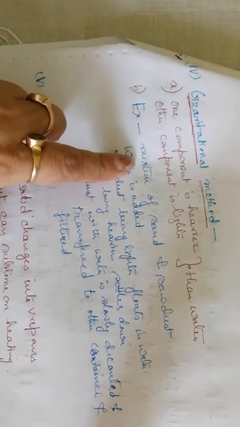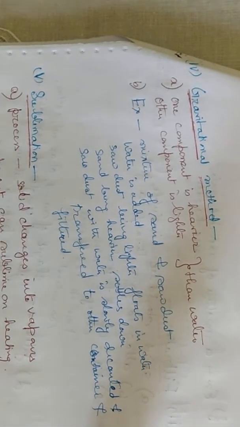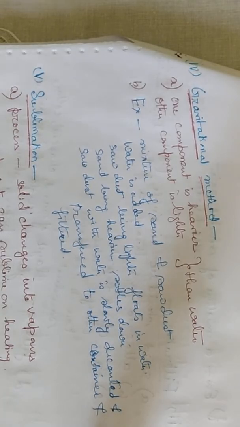For example, see, mixture of sand and sawdust. Then how can we separate this? We add water to it. Then sawdust being lighter than water, it will float on the water. And sand being heavier, it will settle down below the water.